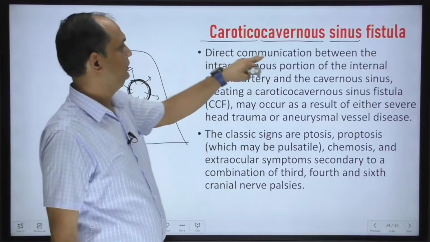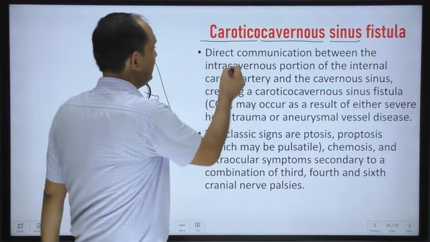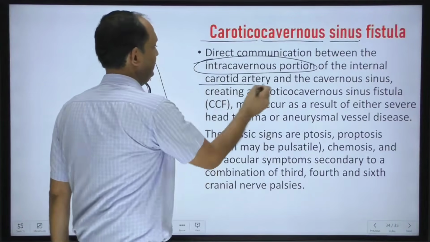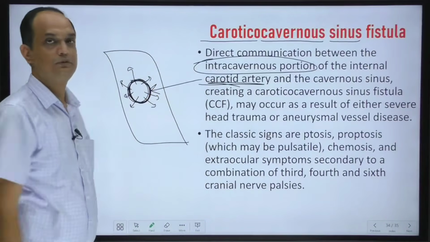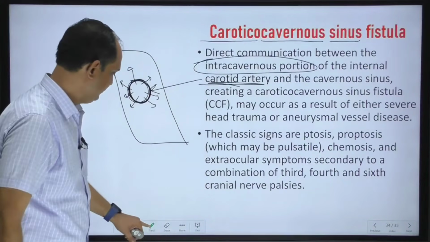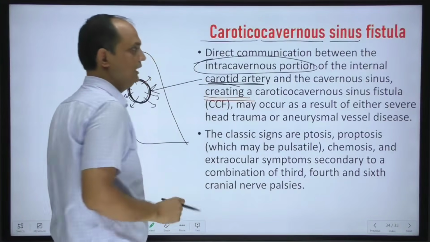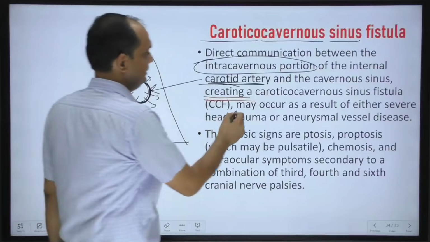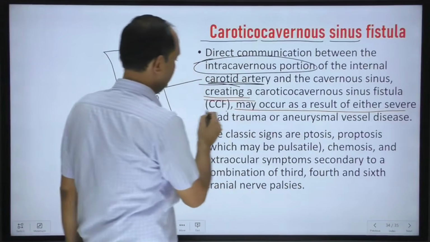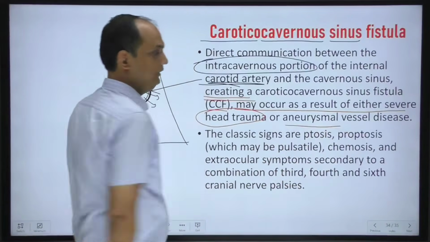So there is direct communication with the intracavernous portion of the internal carotid artery. If this ruptures, it creates a fistula, a puncture, which may occur as a result of severe head injury or trauma, or there is an aneurysm.